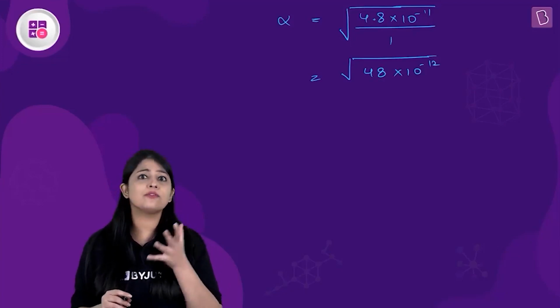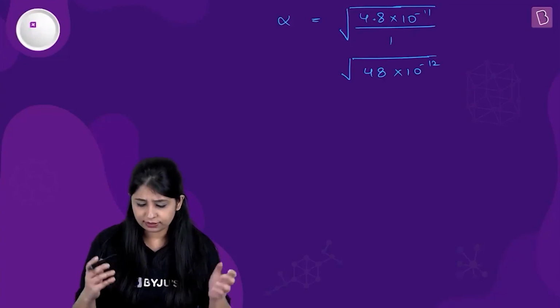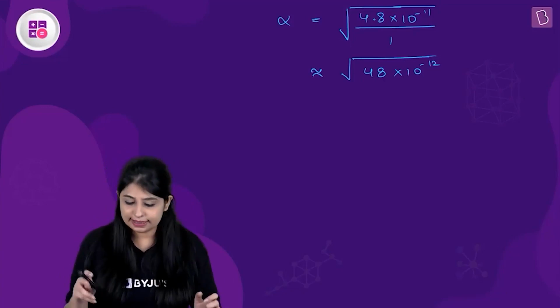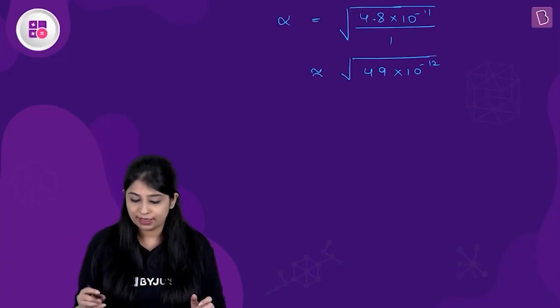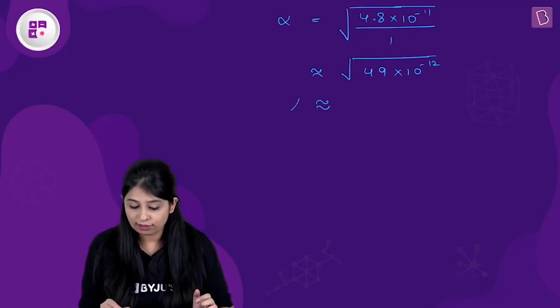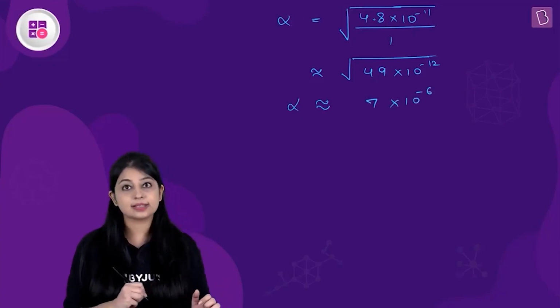Now the square root of 48. Let's make the calculation a bit easier: instead of 48, let's make it 49. So the approximate value that we'll get for alpha would be 7 into 10 to the power minus 6.